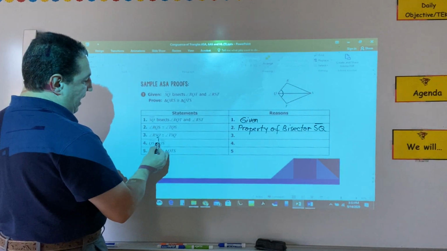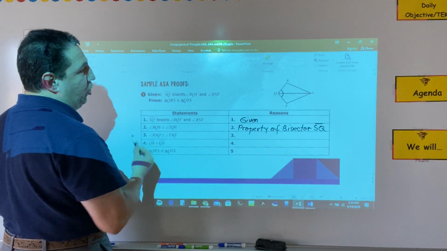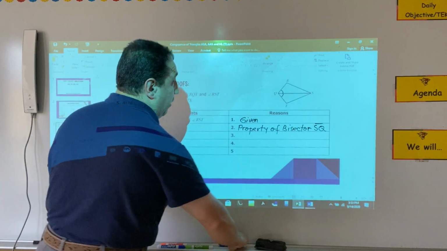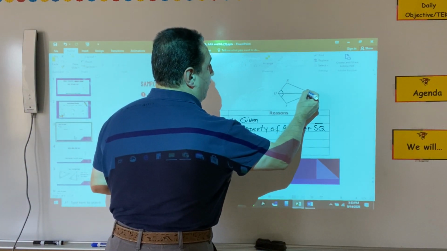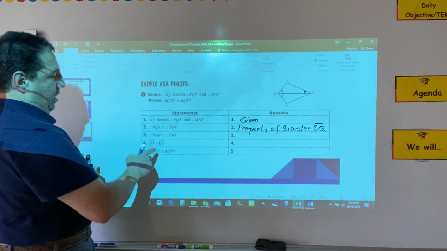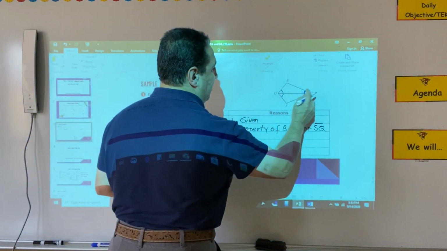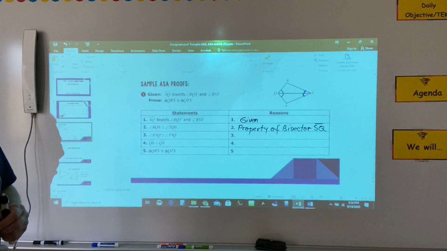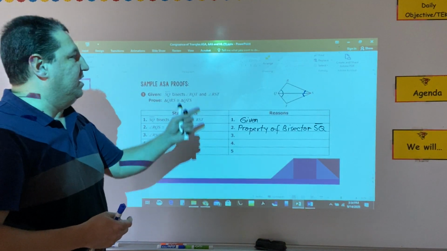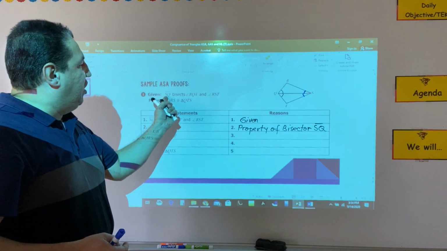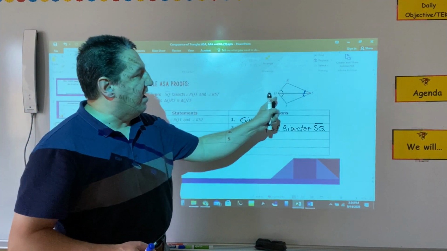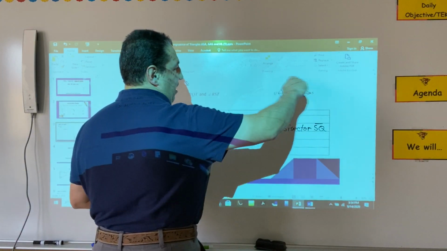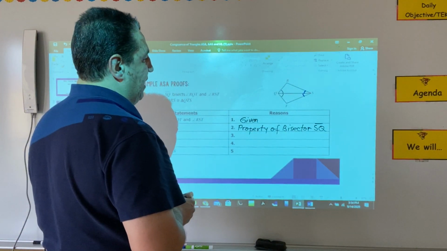Also, angle RSQ congruent angle TSQ. Why? For the same reason. Because SQ bisects both angles, RQT and RST, right?